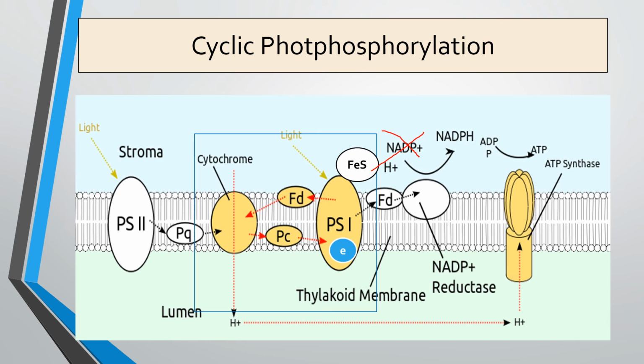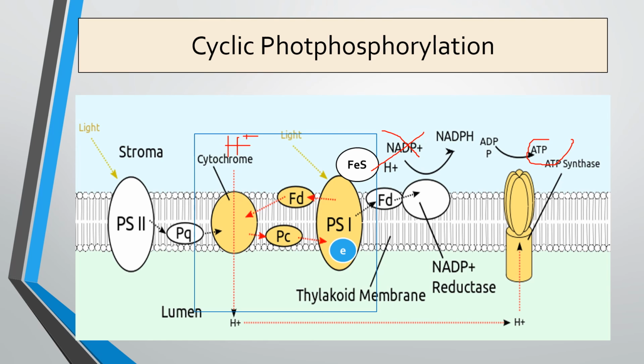So the energy released throughout the electron flow will pump hydrogen ion from the stroma to the thylakoid lumen through the cytochrome complex. So the chemiosmosis will happen where hydrogen ion will diffuse back to the stroma through ATP synthase. As a result, extra ATP is synthesized in this process.